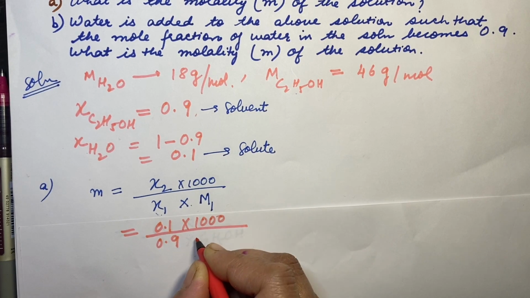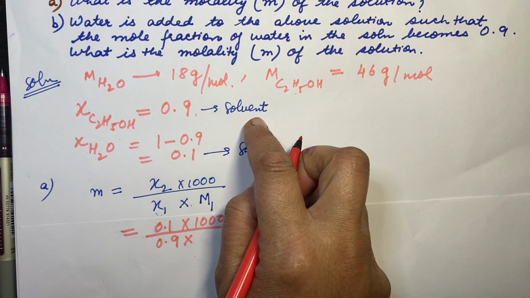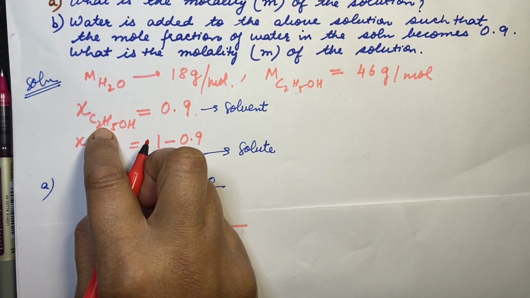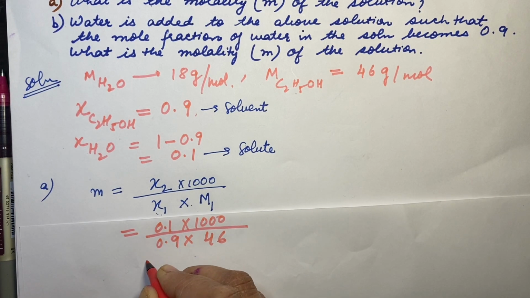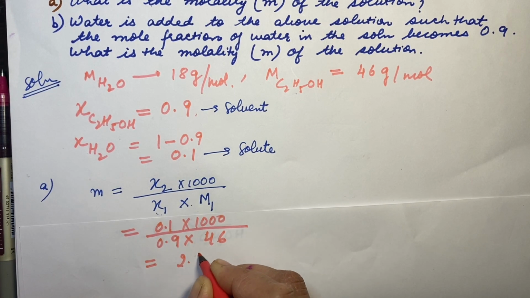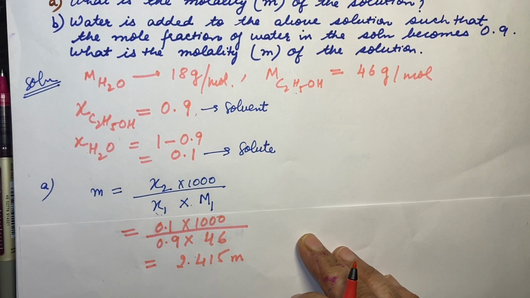Multiply by 1000 divided by the molar mass of the solvent. Here the solvent is C2H5OH whose molar mass is 46. When you solve it, you get 2.415 molality. Now see the B part.